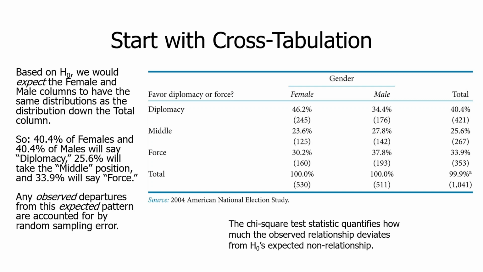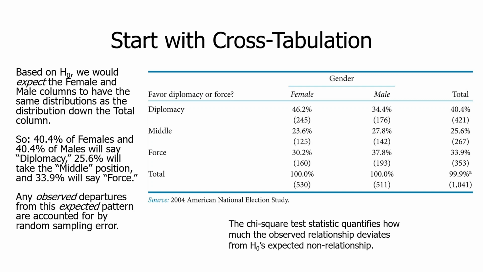So, for example, you can expect to find 40.4% of these 530 females to favor diplomacy, 25.6% of these females in the middle position, and 33.9% in the force category. Any departures from those expectations are explained by random sampling error when the sample was taken.